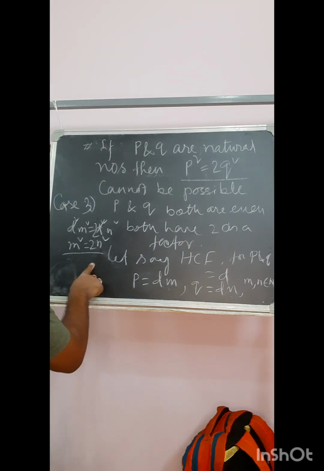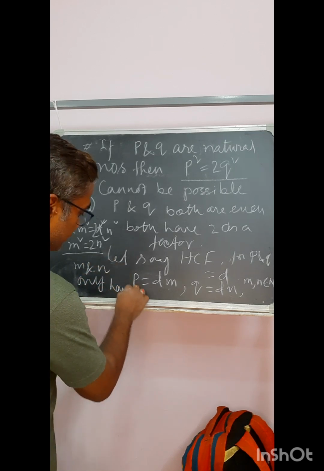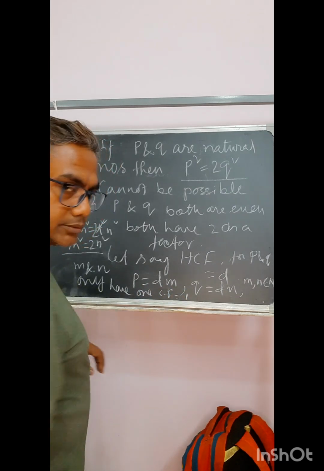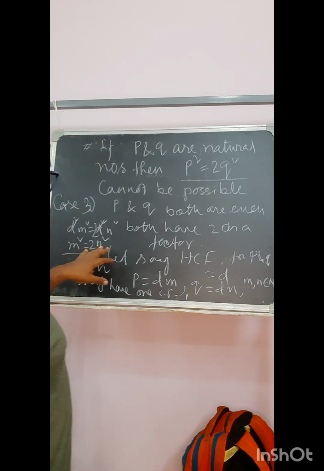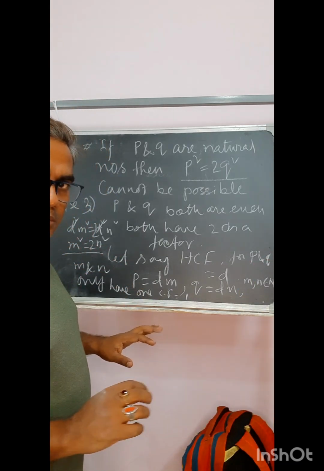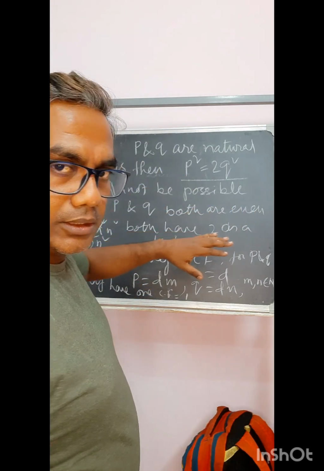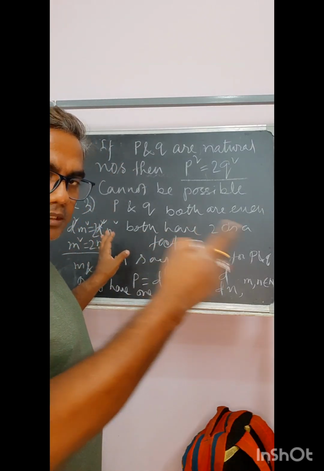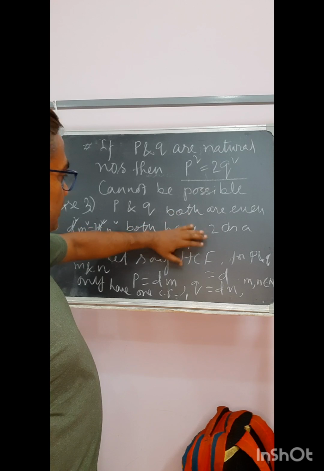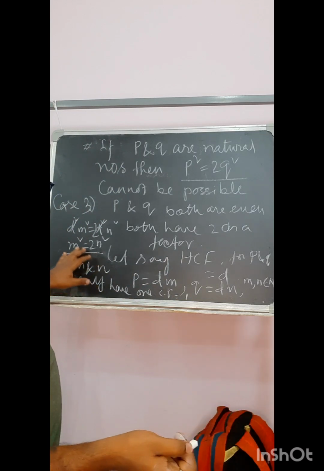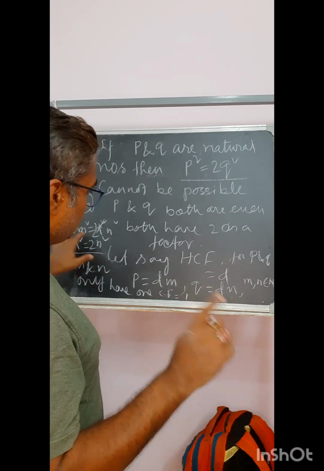So now I can conclude that m and n only have one common factor, that is 1, and then cases 2 and 3 explained earlier apply, where I have already explained that the equation is not possible.